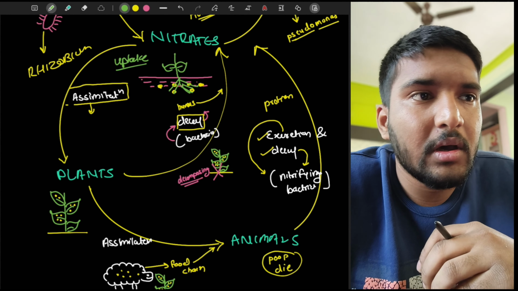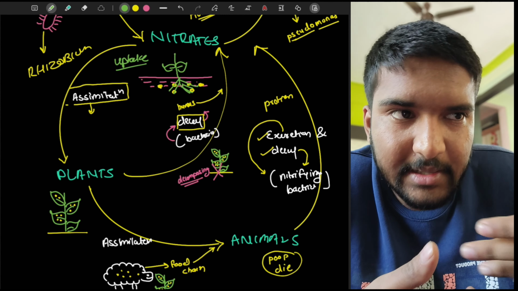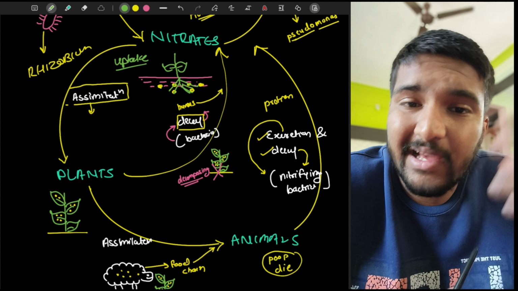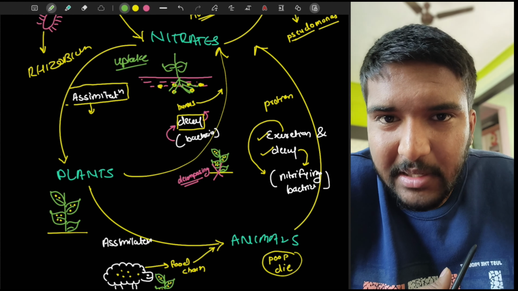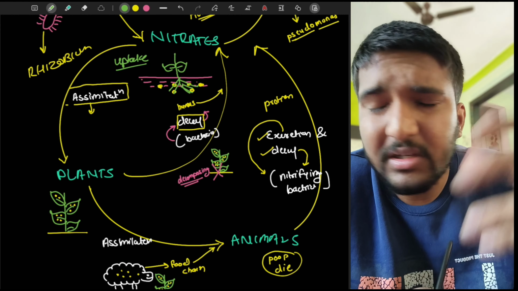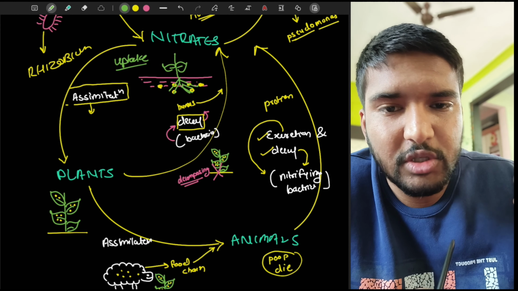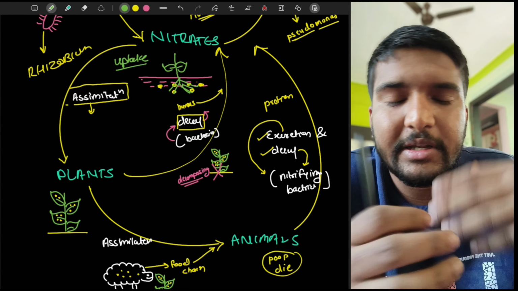Just like how we assimilate fat molecules inside our small intestine, and then it is taken up by the lacteals and the villi. In a similar manner, here the roots just suck up the nitrates from the soil, take them inside, and then convert them into protein.